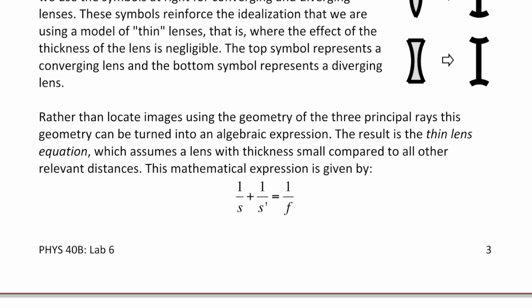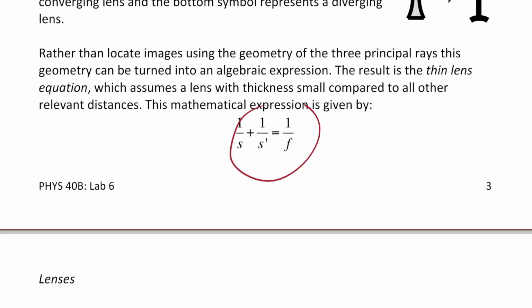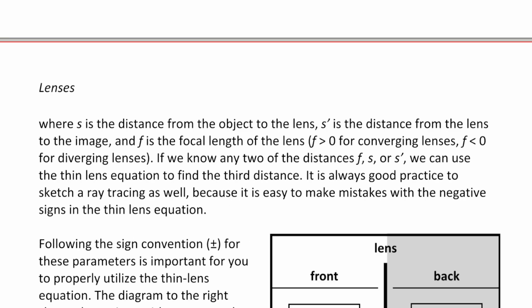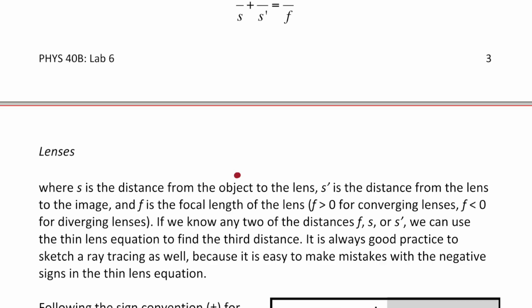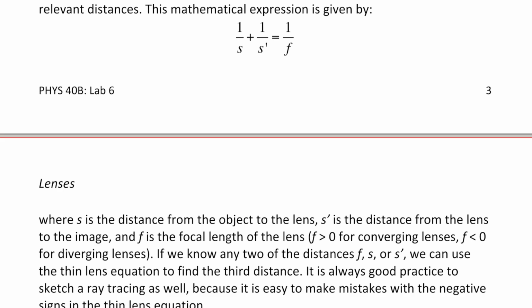Then they tell you that there's an equation. It lets you say, if you know the focal point, and S and S prime, which are the distance from the object to the lens and the distance from the lens to the image respectively, if you know any two of them, you can calculate the other.